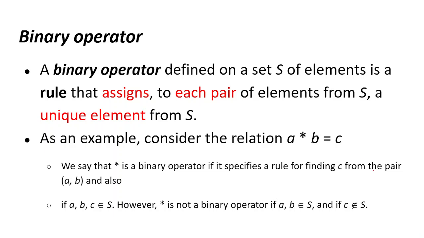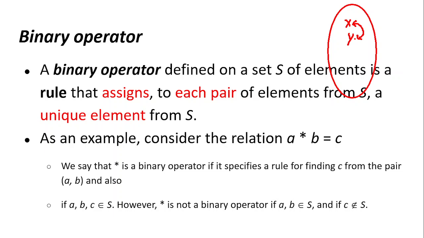So the rule says that if you have a set like this, and if you have two elements x and y, and if you apply a binary operator on these two elements, because it is 2, that's why we say binary.